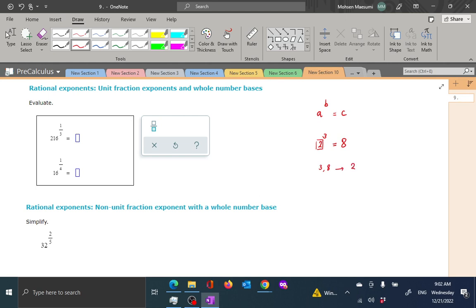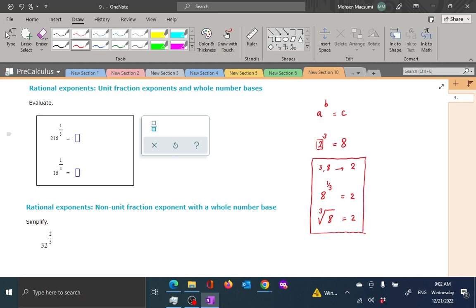The way we write this is 8 to the power of 1/3 is 2. Another way of expressing the same thing is that the cube root of 8 is 2.